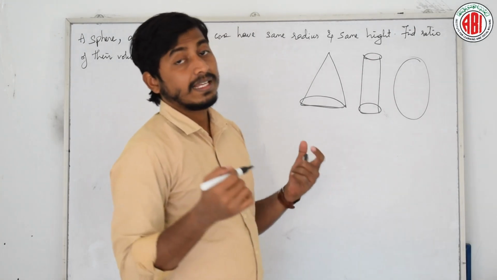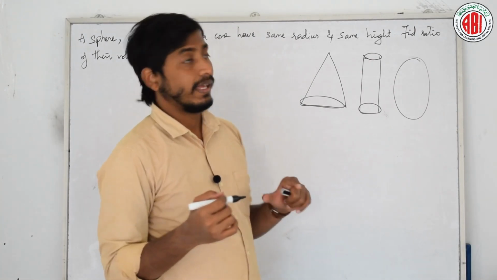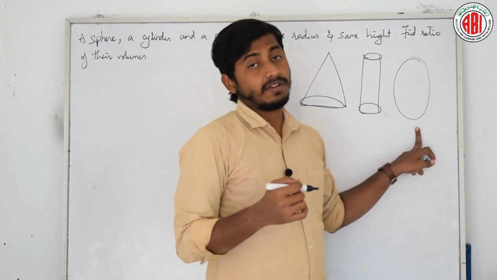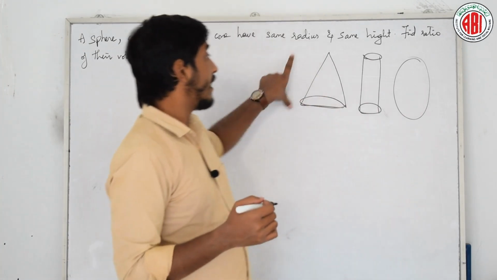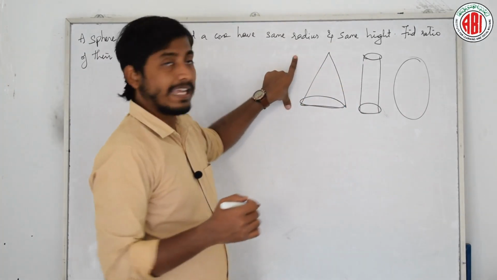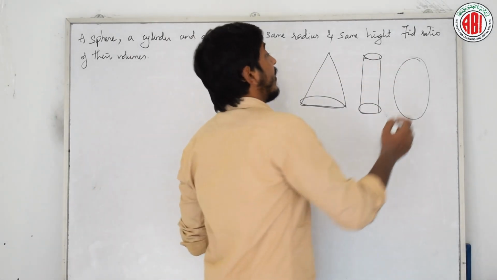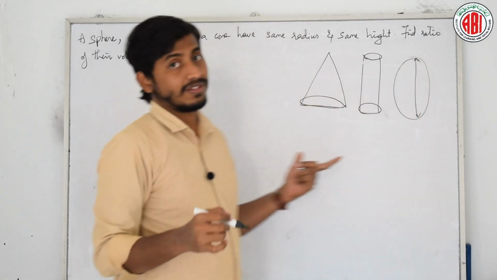All of them have the same height and the same radius. Now tell me, the radius of this is equal to the radius of this and this. Then what about the heights? The height of this is h, the height of this is h, and what is the height of this? That is the diameter, which is also the same.